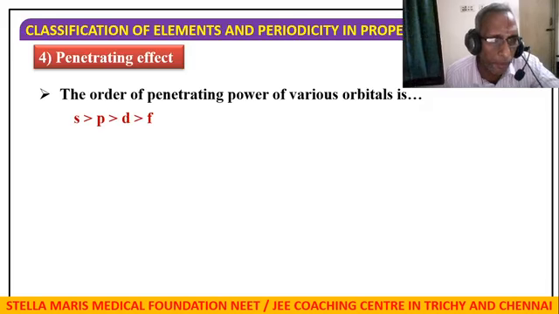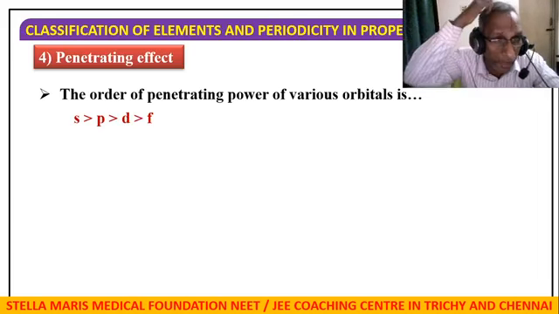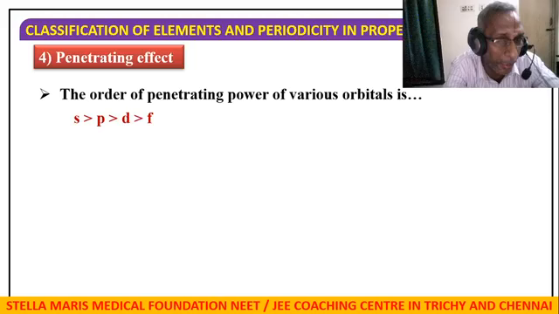We cannot easily remove one electron from hydrogen. It is in the 1s orbital. We can remove one electron from sodium, but all are in the first group only: hydrogen, lithium, sodium, potassium, rubidium, cesium, francium. All are only first group.